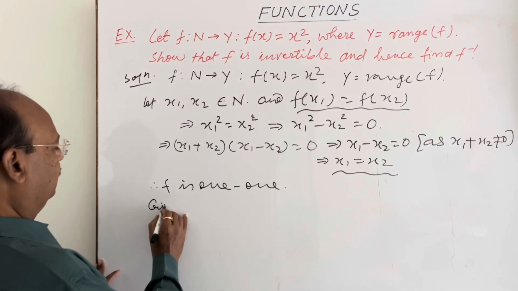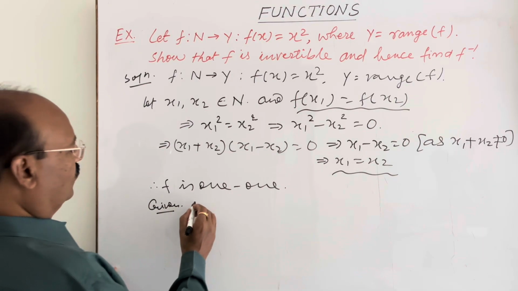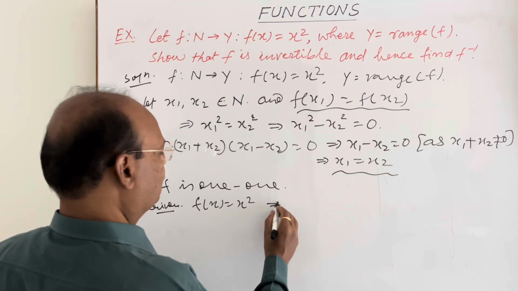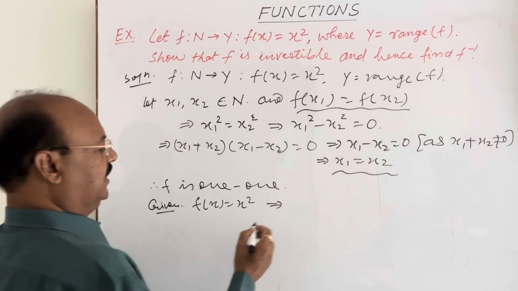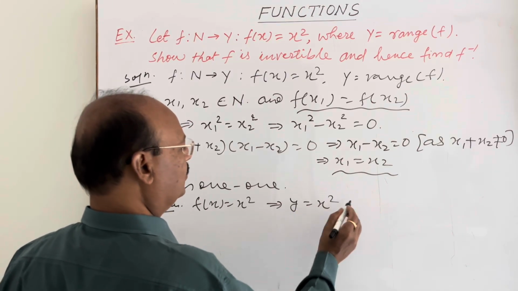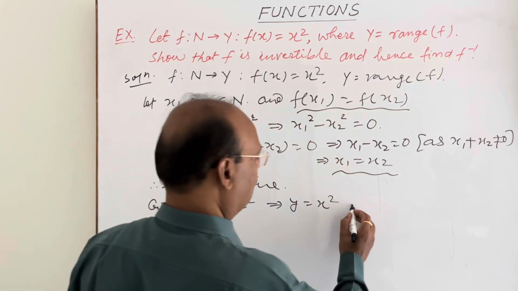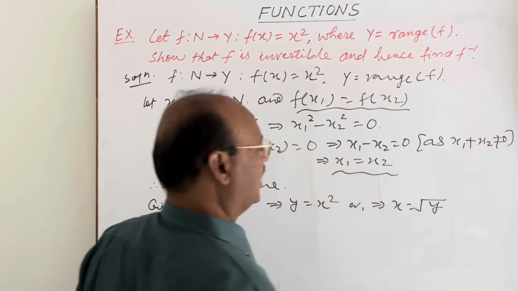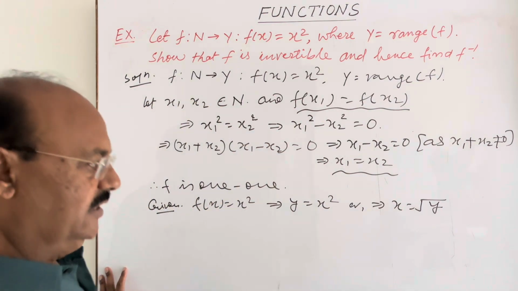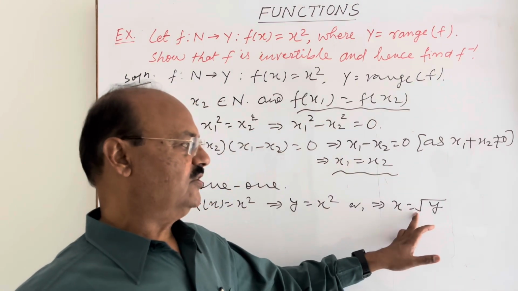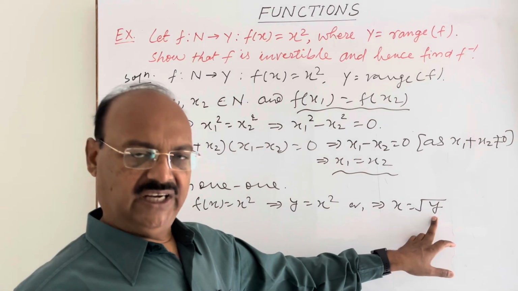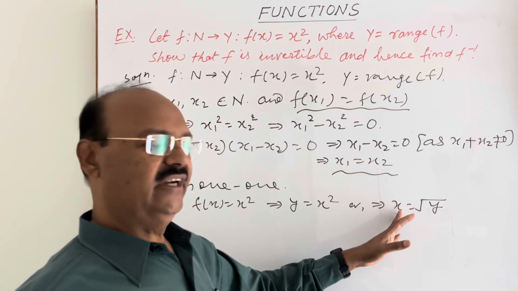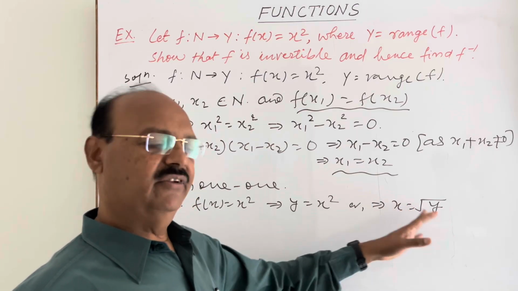So here given f(x) is equal to x square, and this implies we write f(x) is equal to y. So y is equal to x square, or this implies x is equal to square root of y. It means with respect to any element y in the codomain, we'll get an element x for every element.